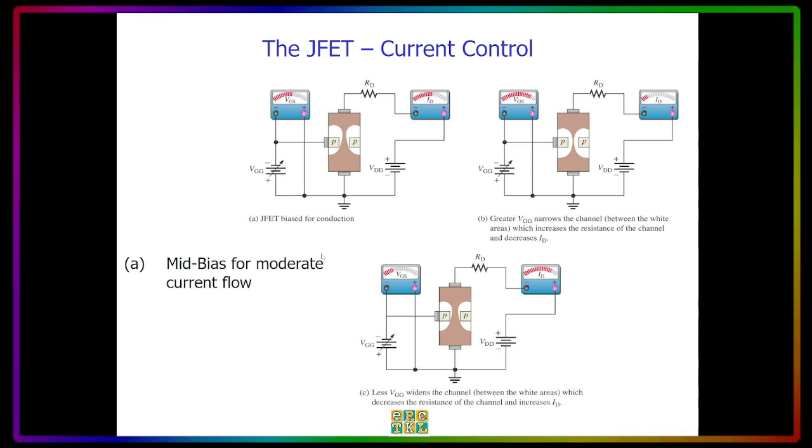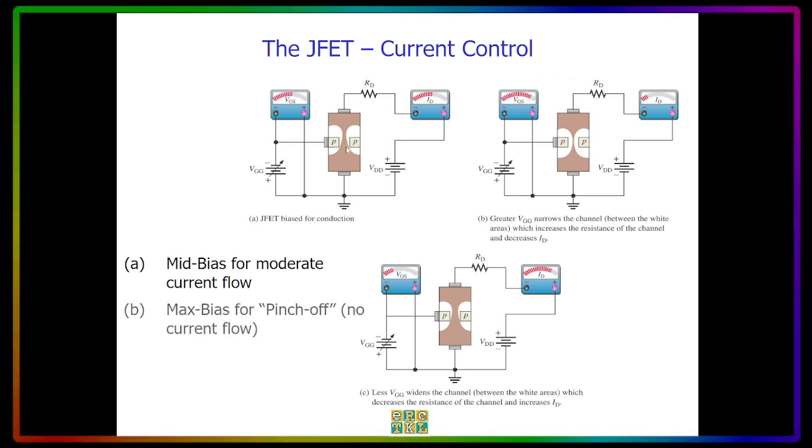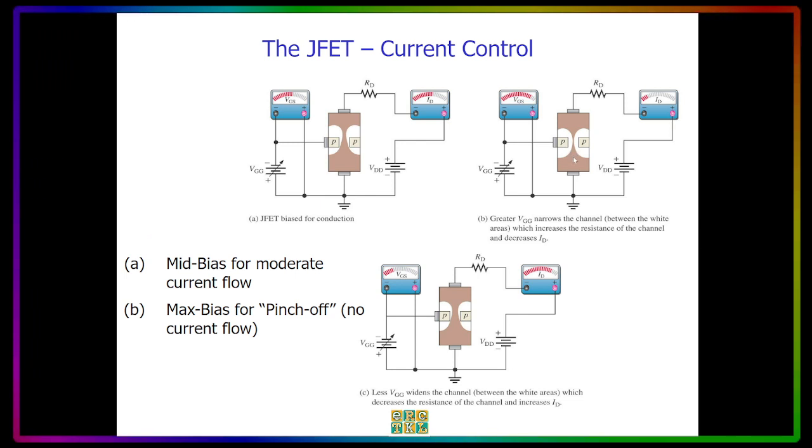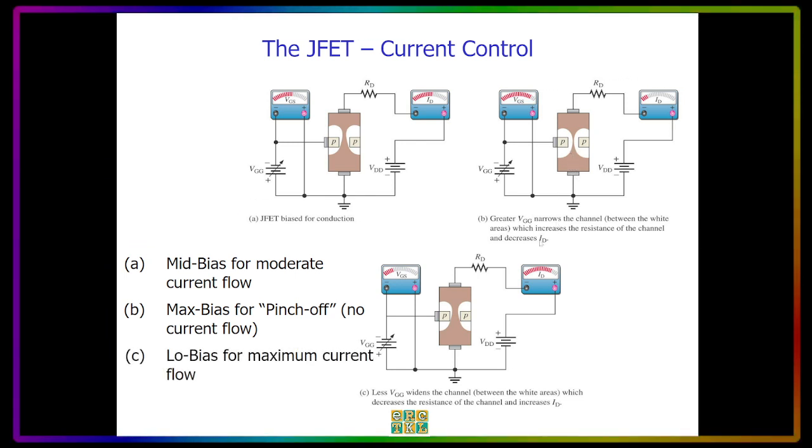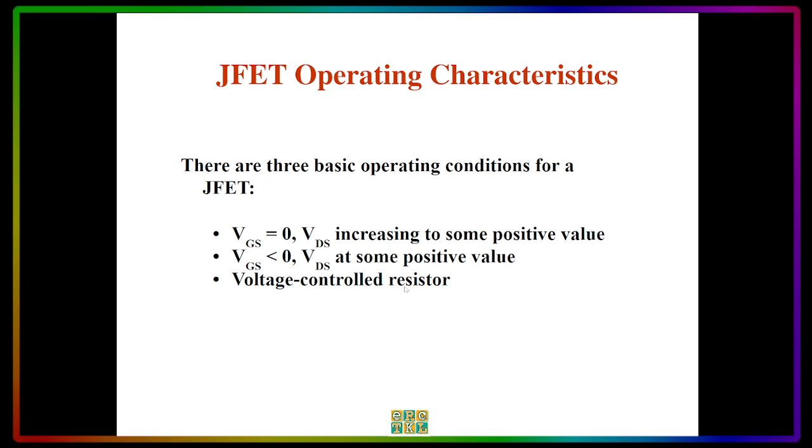So again, letter A is for middle bias for moderate current flow. Letter B is for maximum bias, where the current will be very small, or we call this pinch off, almost no current flow. And letter C is what we call low bias for maximum current flow.